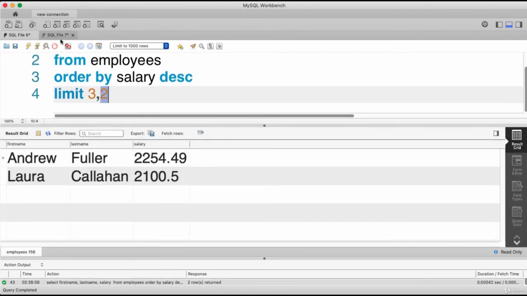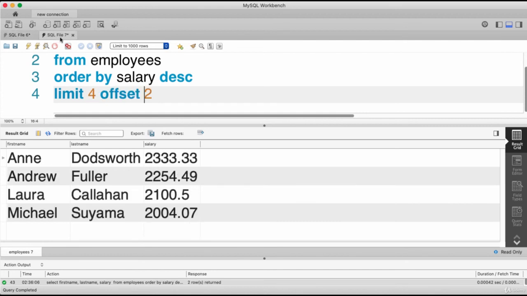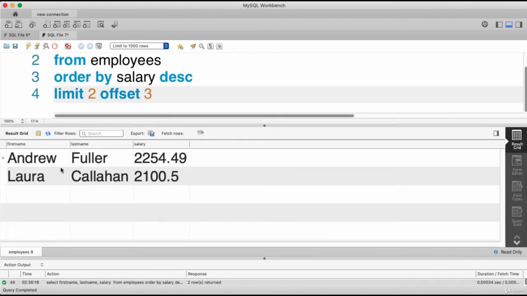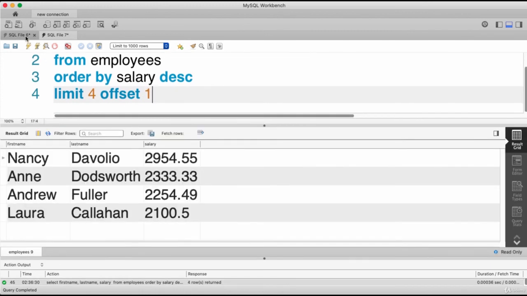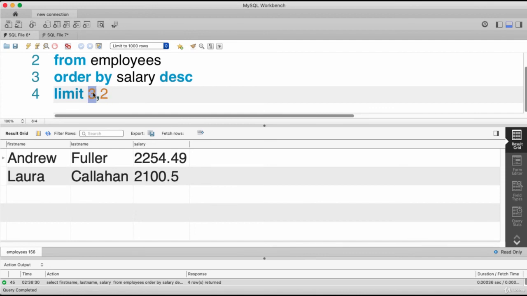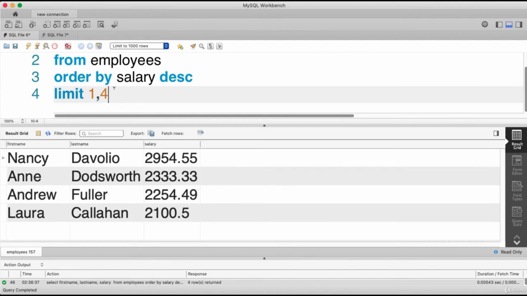The first 3 will offset. If I want to use it with the word offset, I have to put 2 before 3. See? Just like that. If I put something like 4 here, I put 1 here, I should be able to put 1 before 4. So you can use either way, the one that is convenient for you.